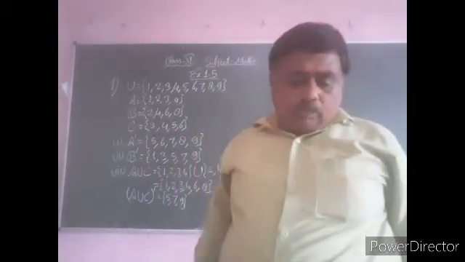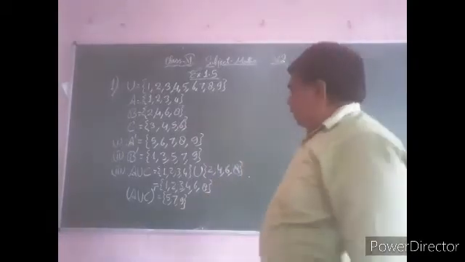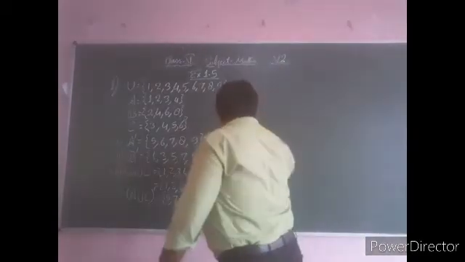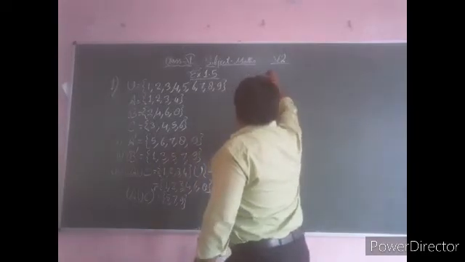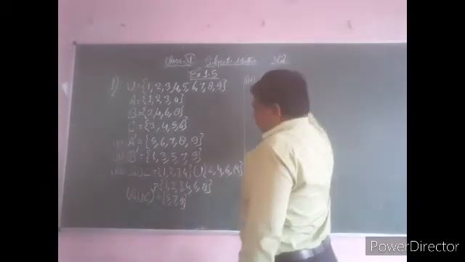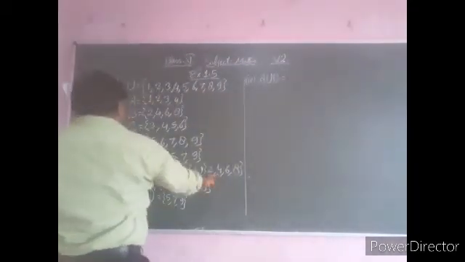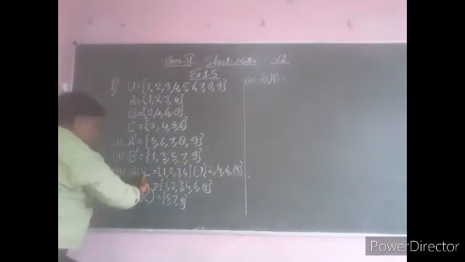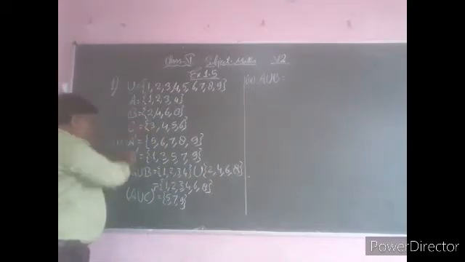Now A union B complement, number 4. First of all find out A union B. 2, 4, 6, 8 are the elements of B. So here change it to 4.